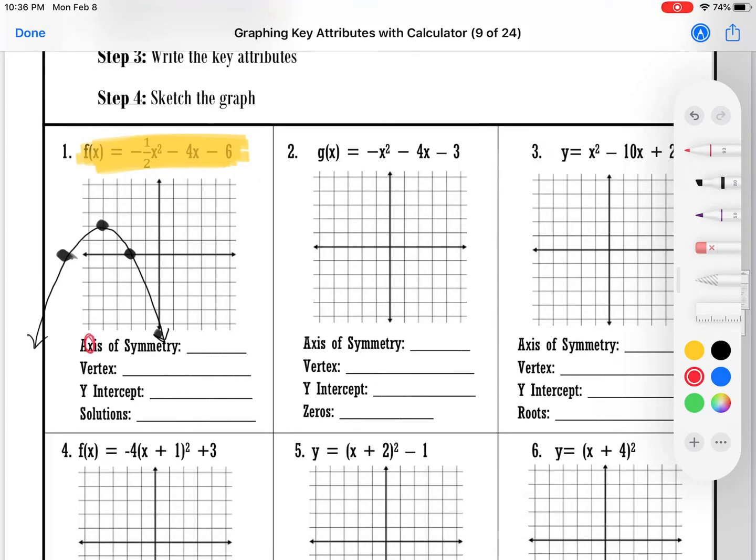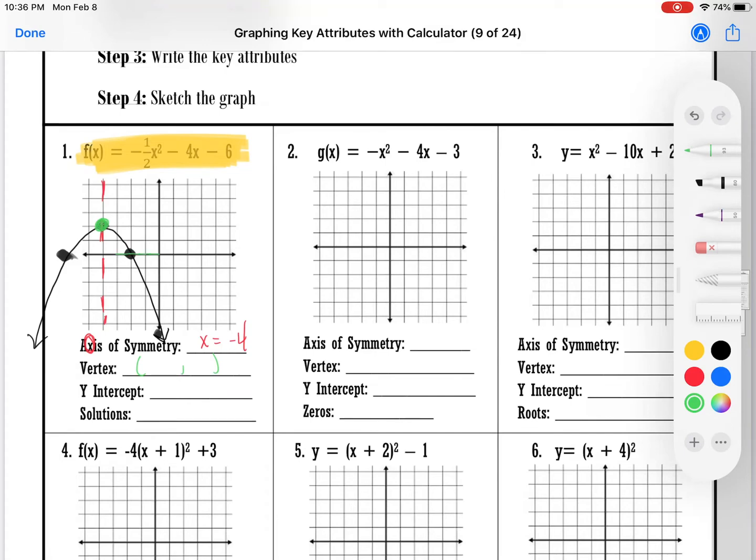So what I know about the word axis of symmetry is it's always x equals. My axis of symmetry is the line that goes through the middle of the graph. That number is -1, 2, 3, 4. It's the number -4. My vertex is this ordered pair at the top.